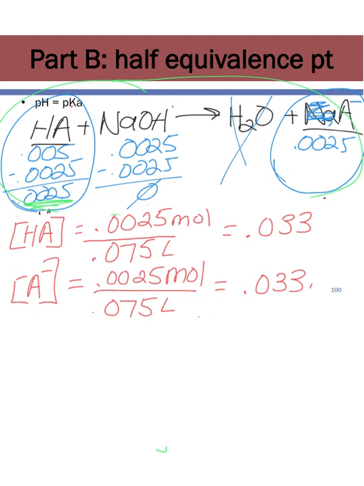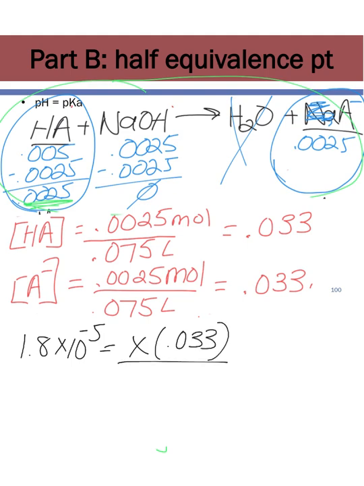Okay, so I know my Ka is 1.8 times 10 to the negative fifth. I'm solving for the H plus concentration. I know my A minus is 0.033. I know my HA is 0.033. So I do my math, those terms drop out.